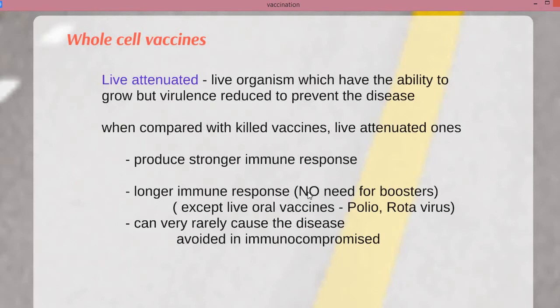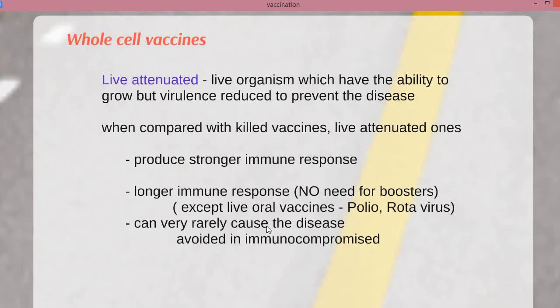But this is not true for live oral vaccines, because many oral live vaccines need several boosters, for example polio and rotavirus. For injectable live vaccines, most of the time boosters are not needed. For example, live Japanese encephalitis vaccine is given only as a single dose.